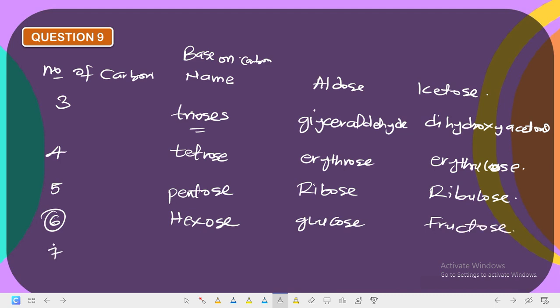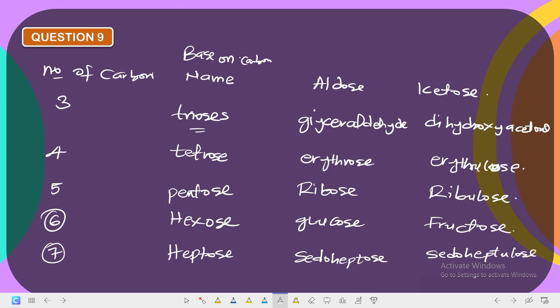Then we have number 7, heptose, a 7 carbon sugar. If it is an aldose, you call it aldoheptose, and if it's a ketose, you call it heptulose.